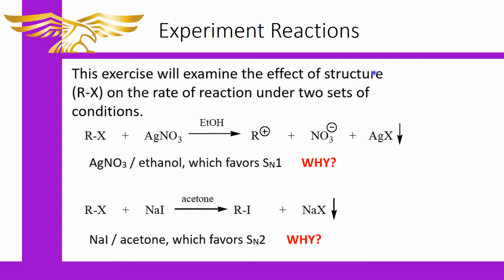In the lab exercise you will do on Monday, we're going to examine these different mechanisms and see what the structural effects on alkyl halides do to these different mechanisms. We'll do that by using solvents that promote those two mechanisms on a set of chosen alkyl halides.